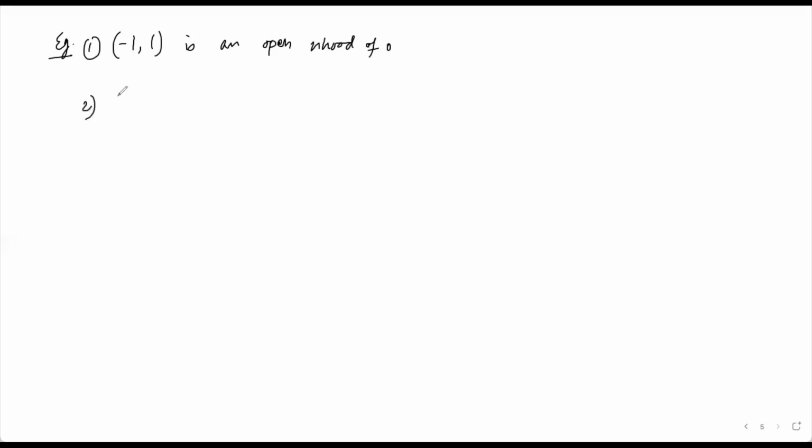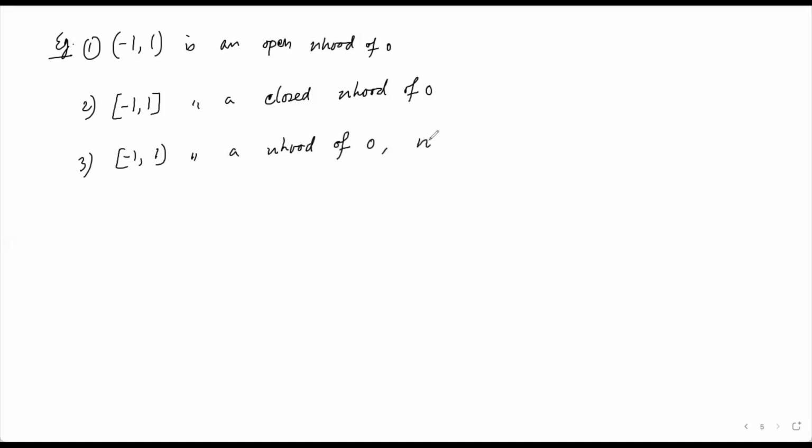Example 2: the closed interval [-1, 1] is a closed neighborhood of 0. And example 3: [-1, 1), closed at -1 and open at 1, is a neighborhood of 0, and this is neither open nor closed.